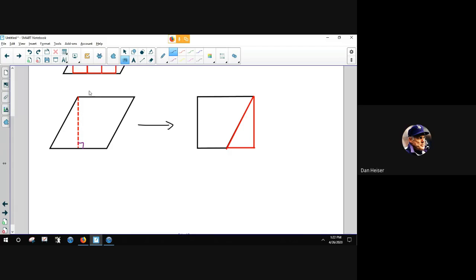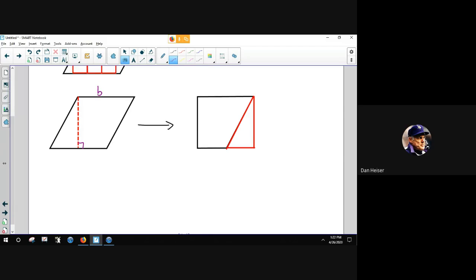Because it's a parallelogram, because this whole figure is a parallelogram, I know this is 90 as well. And I know this angle is 90. So when I bring it over here, I have 90 again. And this must be 90 to complete the quadrilateral. So I have taken a parallelogram and rearranged it so that it's now a rectangle.